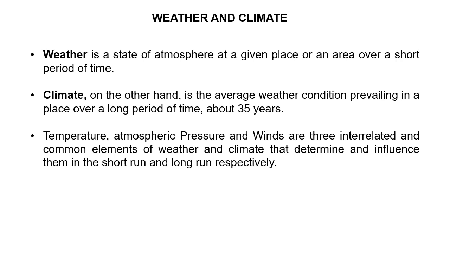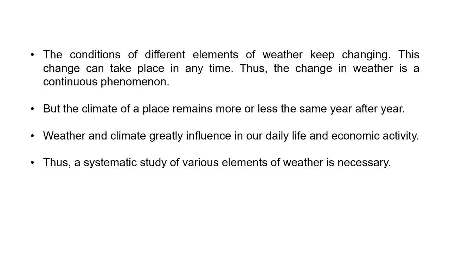But the elements are the same: temperature, atmospheric pressure, and winds. The conditions of different elements of weather keep changing, and this change can take place at any time. Thus, the change in weather is a continuous phenomenon.